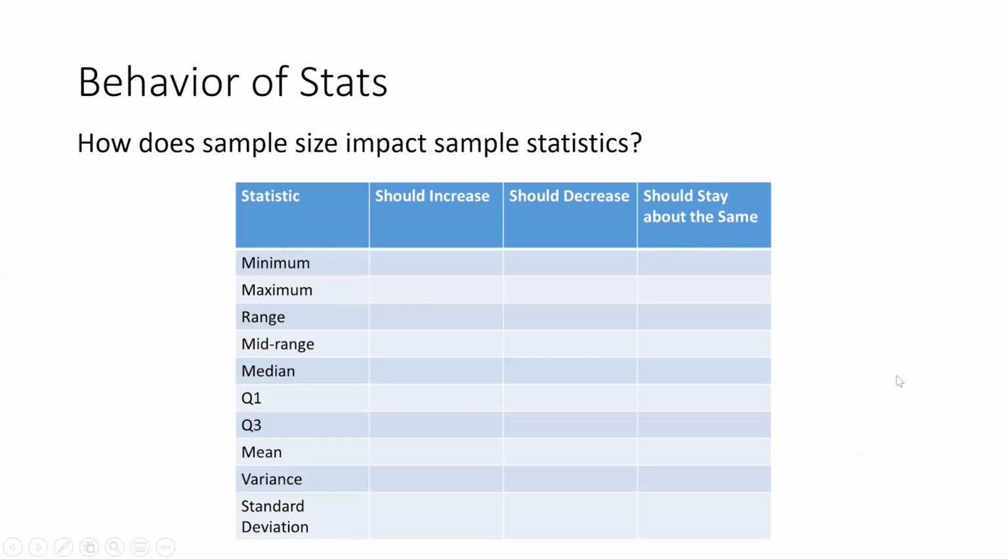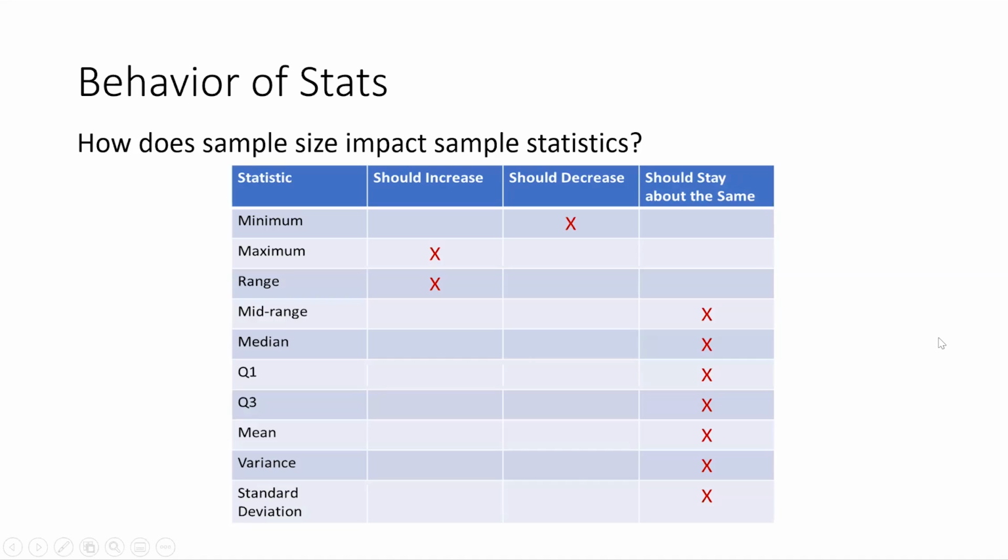So the behavior of stats, how does sample size impact sample statistics? We find that as the sample size increases, our minimum decreases, our maximum increases, and the range increases as well, right? That makes sense. If our minimum is getting smaller and our maximum is getting bigger, the range between the two of them gets bigger. Mid-range, median, Q1, Q3, mean, variance, standard deviation, all of this should stay about the same.